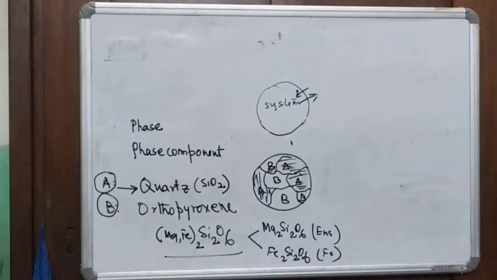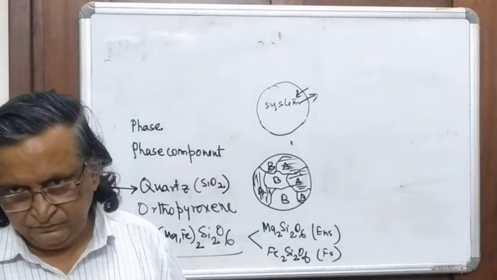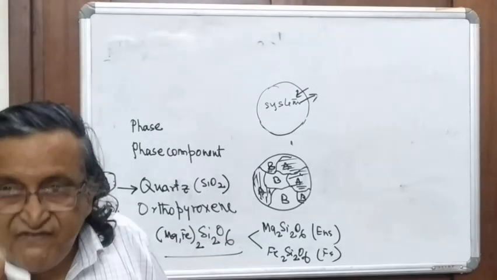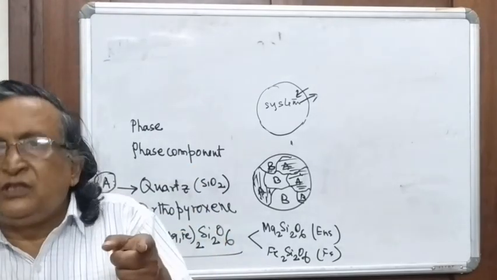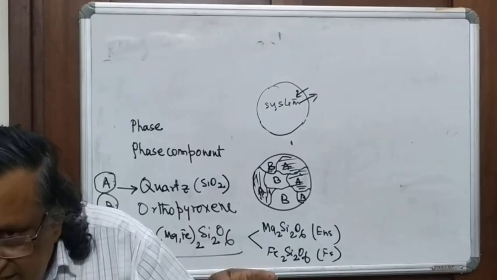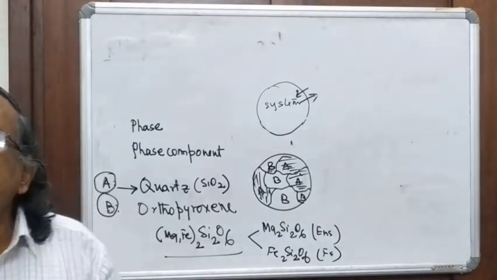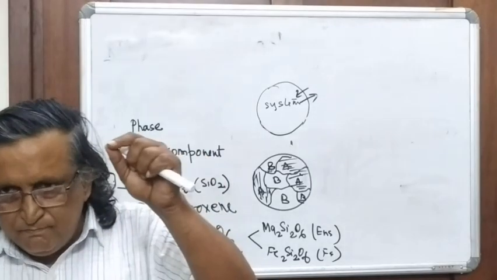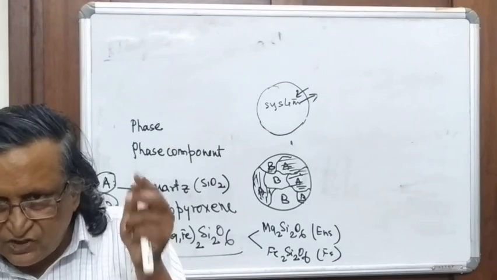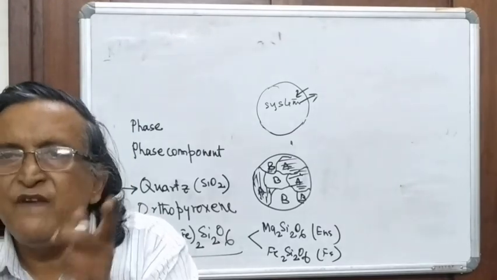Have you understood? These are called phase components. The end member compositions that describe the chemical variability of a mineral are called its phase components.